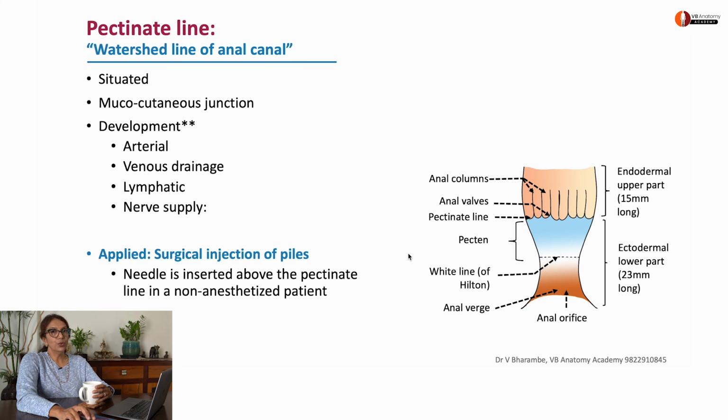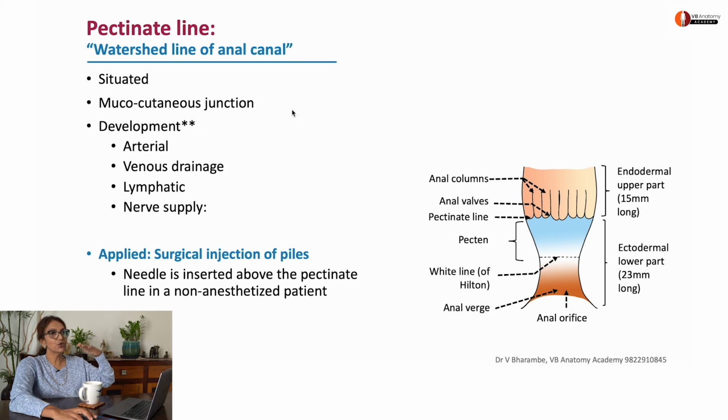So you saw fistulas, you saw hemorrhoids, but we've discussed the anal canal only till the pectinate line. Let's understand why this pectinate line is so discussed. It is situated at the junction of the upper and middle part of the anal canal. It's a mucocutaneous junction, developmentally the junction between the endodermal and ectodermal parts of the anal canal. It is important because it's a watershed line.